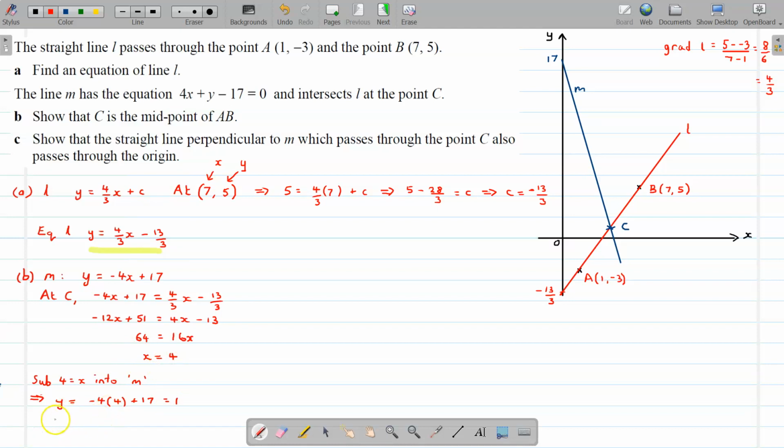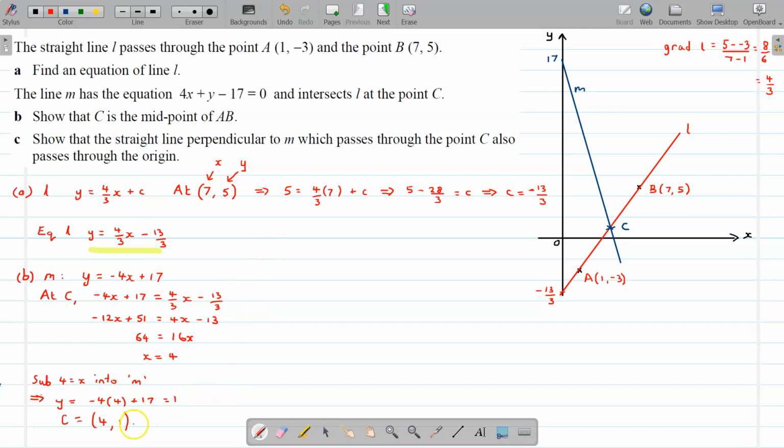So therefore, C is the point with coordinates x equals 4 and y equals 1. All right.